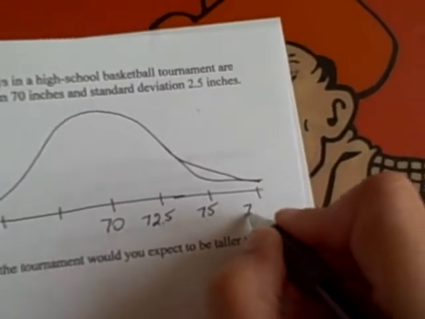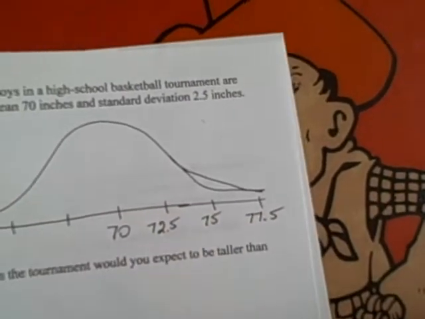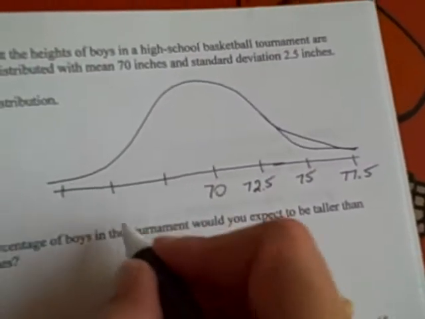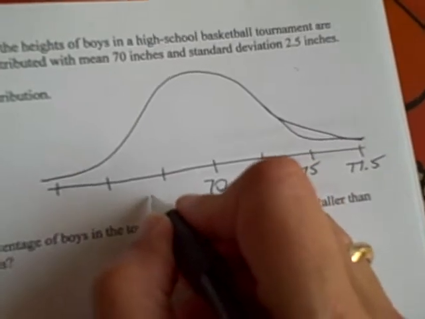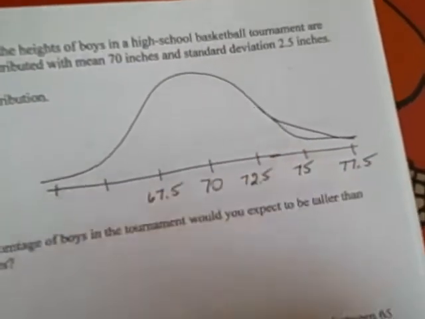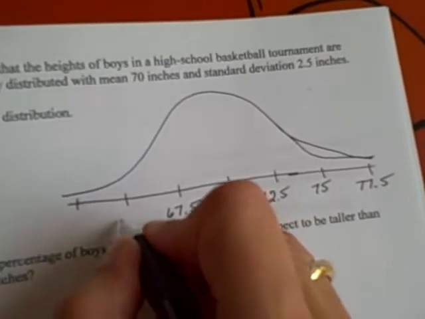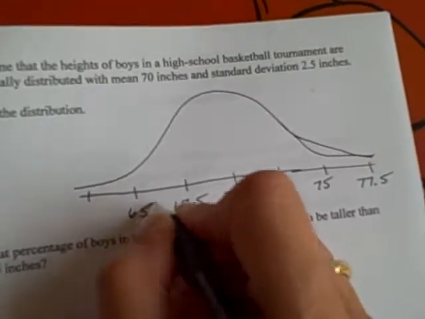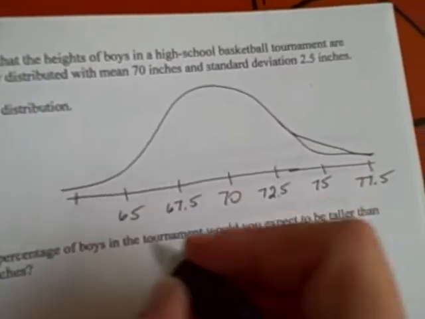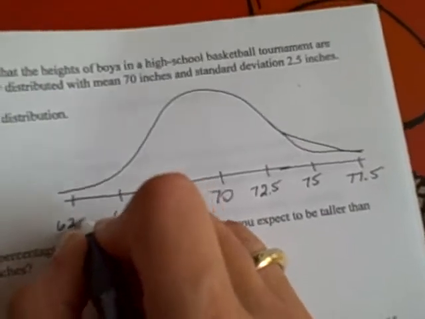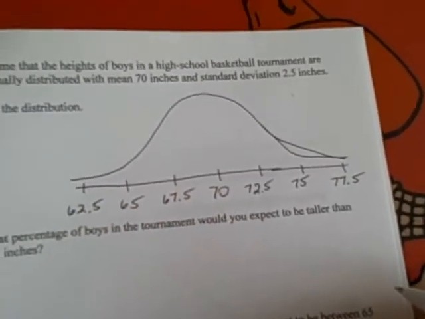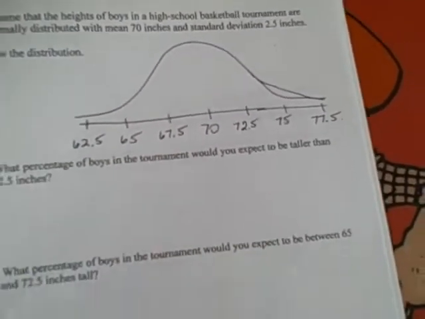Plus another 2.5 is 77.5. Going down, 70 minus 2.5 is 67.5. Minus 2.5 is 65. Minus 2.5 is 62.5. All right, so we drew our distribution.